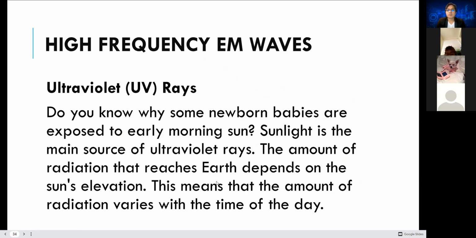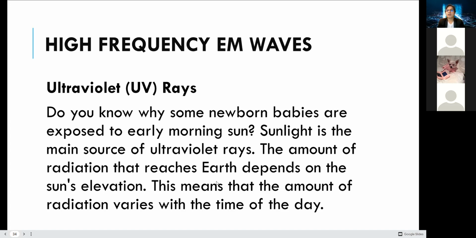UV rays or ultraviolet rays. Do you know that some newborn babies are exposed to the early morning sun? If you have siblings or a neighbor, you can observe that they are exposing their newborn child under the sun. Sunlight is the main source of ultraviolet rays. Of course, please be careful of exposing newborns to direct sunlight or heat.